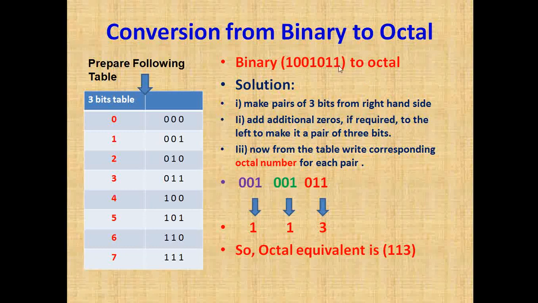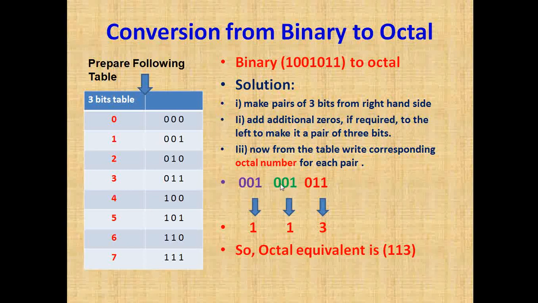This is the binary number; starting from the right hand side, we will make groups of 3 digits. The first group will be 110. The second group will be 001.